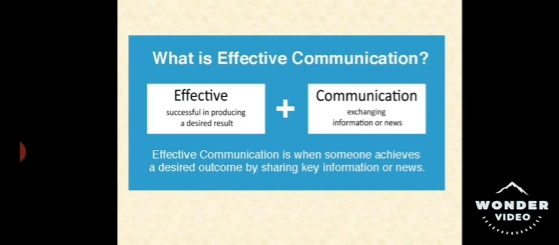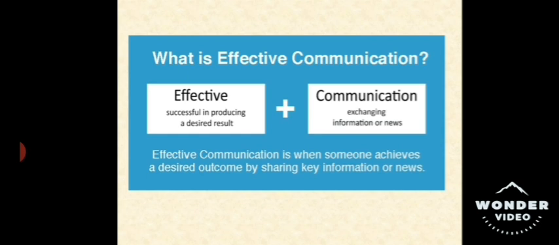effective communication. You can see here, effective means successful in producing a desired result, and communication means exchanging information or news. So, effective communication is when someone achieves a desired outcome by sharing key information or news.